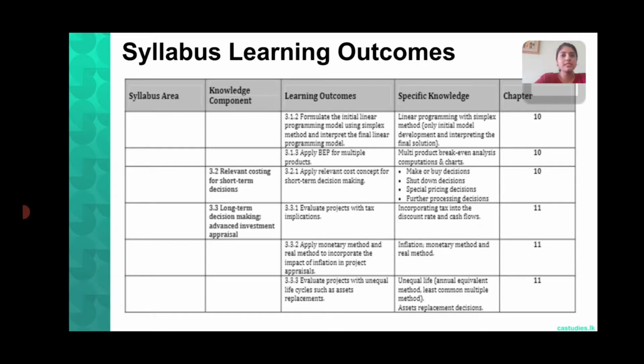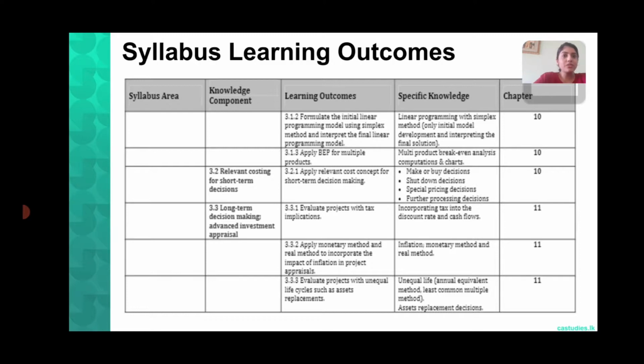Then you have a new learning outcome under the new knowledge component, which is relevant costing for short-term decisions and long-term decision making, which is involving advanced investment appraisal. So relevant costing, you need to know how to apply relevant cost concepts for short-term decisions such as make or buy, shutdown, special pricing, and further processing decisions.